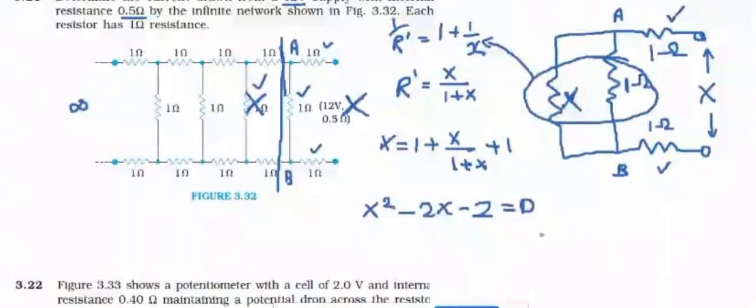Then take the positive root of this equation and find the value of X. Then you will get the effective resistance of the network. Once you get the effective resistance of the network, you can calculate the current. I is equal to epsilon divided by R plus r, where R is equal to X, the total resistance of the circuit.